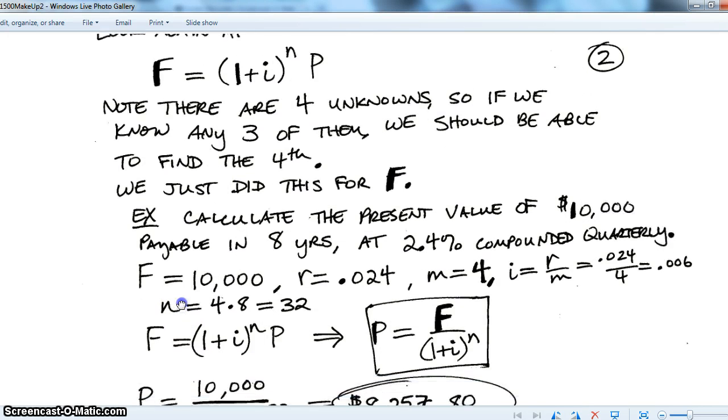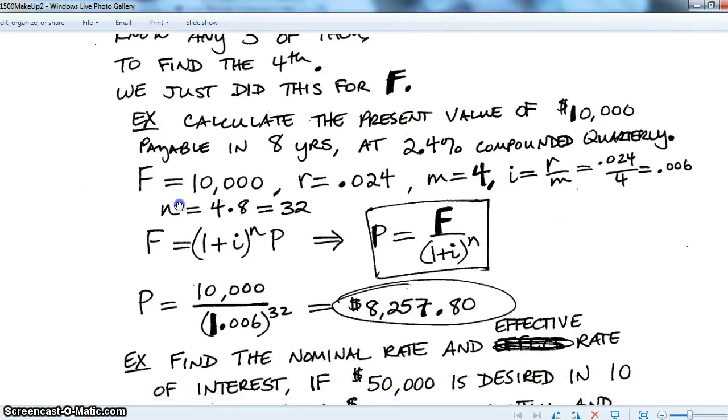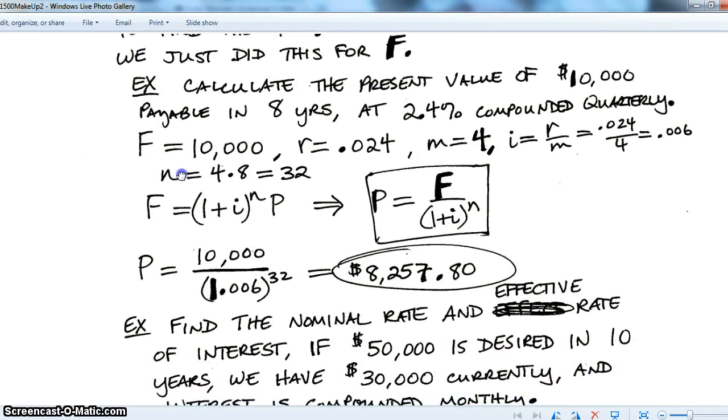So let's do one where we're finding P, present value. So an example of this kind of problem. Calculate the present value of $10,000 payable in 8 years at 2.4% compounded quarterly. So this is saying we want to have $10,000 in the future, 8 years from now, and the interest rate is going to be 2.4% stated rate, compounded quarterly.